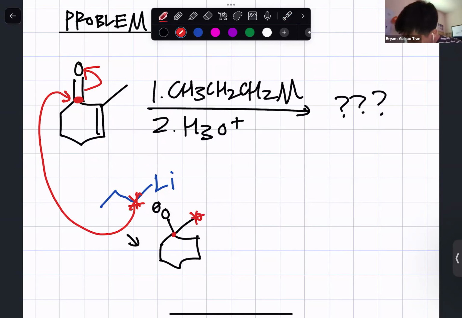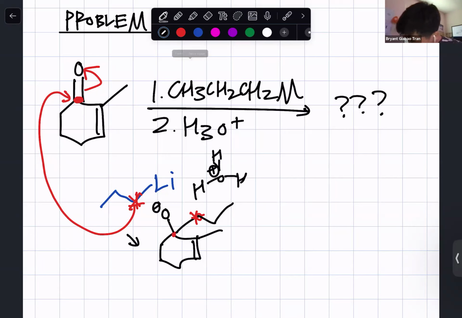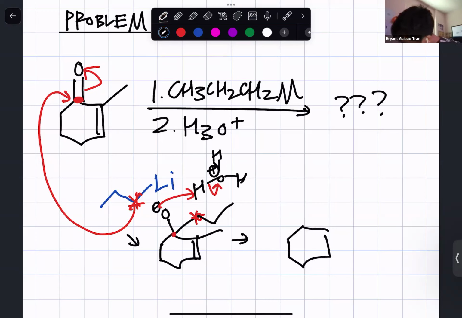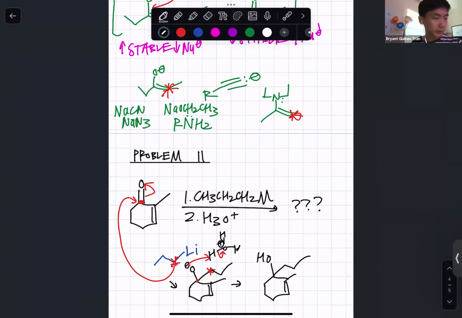The dot is attached to ethyl group. Lithium goes away. Alkene still here. Methyl still there. Second step, acid workup. Protonate the O minus into OH, neutral alcohol. Okay, let's see what the question was asking.